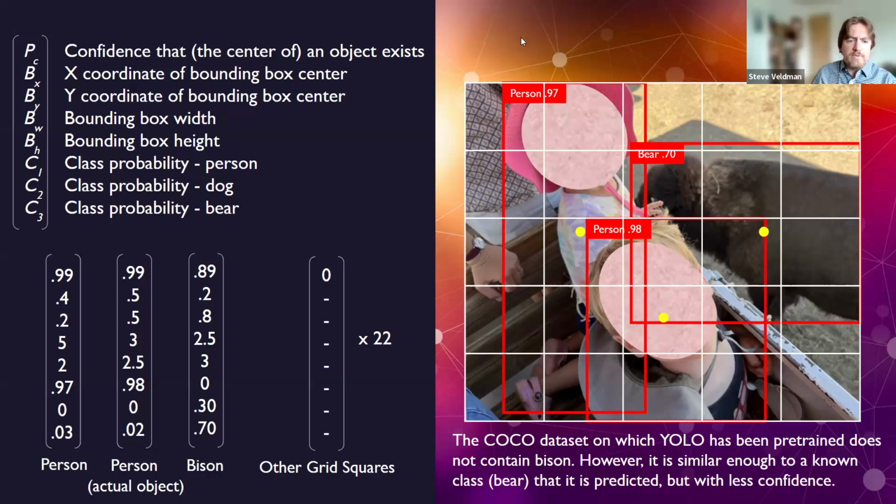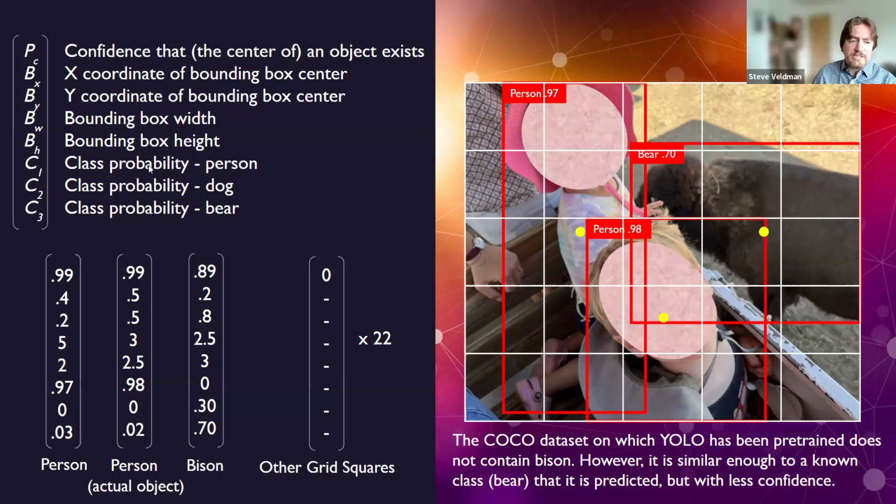The way this is broken down is the very first value in the tensor is the confidence that the center of an object exists in that box. Then we get the x coordinate and the y coordinate of what it believes is the center of the object, the height and the width of the object, and then class probabilities. So you can see for these three squares where it has detected an object, we get a fully populated tensor that describes what the model has essentially found.